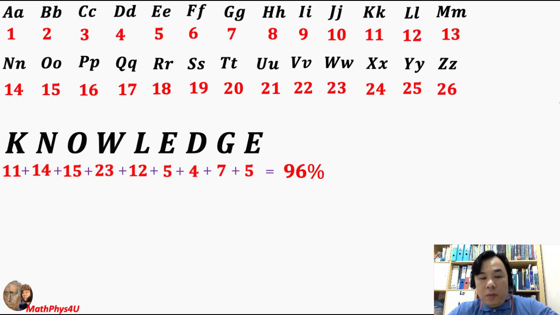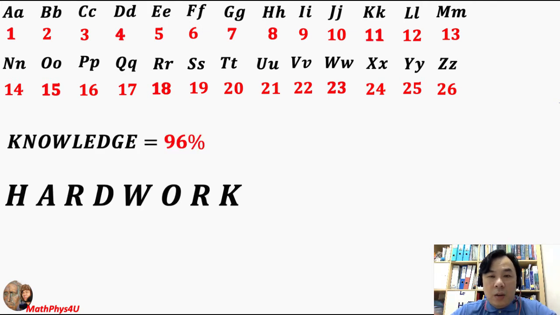Now, of course, in our life itself, we have to put a lot of hard work in whatever we are doing. The second word that we're going to explore is hard work. All right. Now, hard work, you all know the spelling itself. Now, as usual, I'm going to assign numerical value for H which is 8.